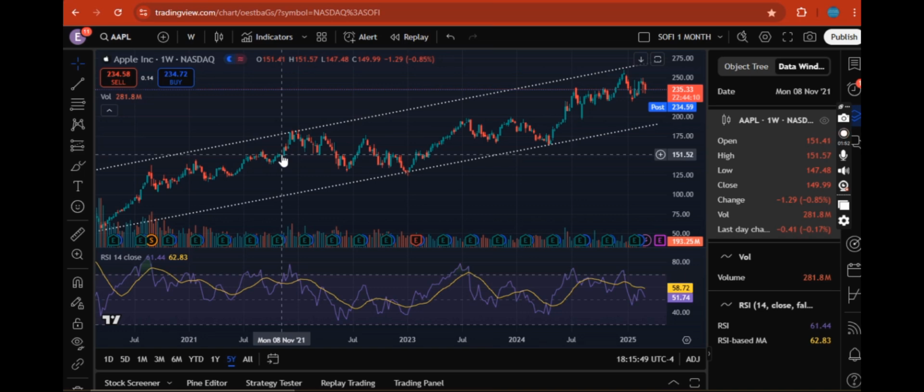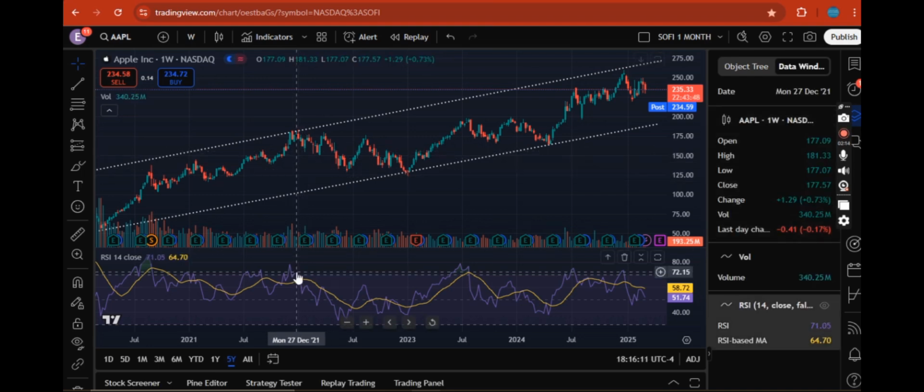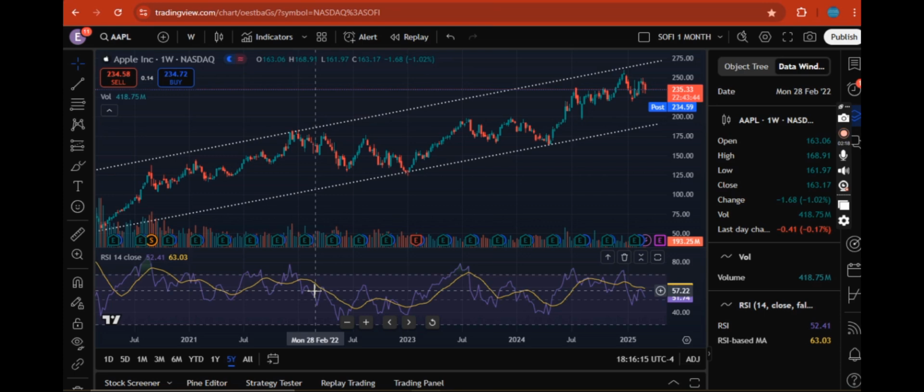If it's just a buy and sell, I would enter here. Buy, that would be $151. You go up, boom. You see where it peaks at the RSI, then it begins to fall. It falls below, and boom, now you're looking at a bearish type of setup.